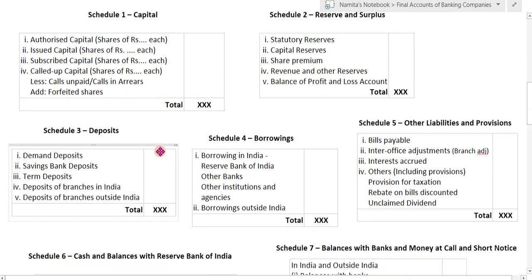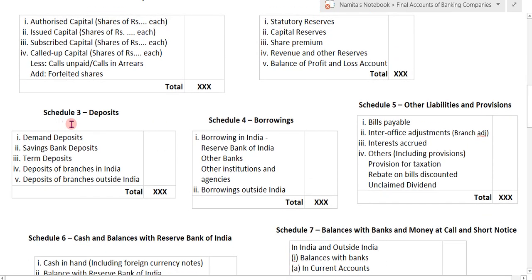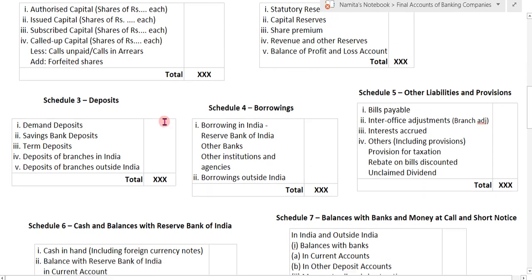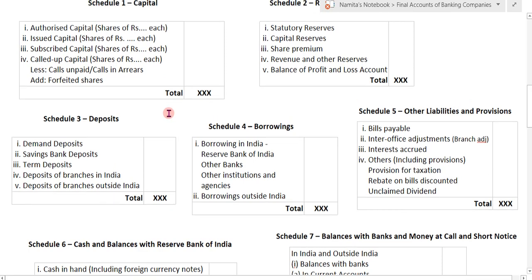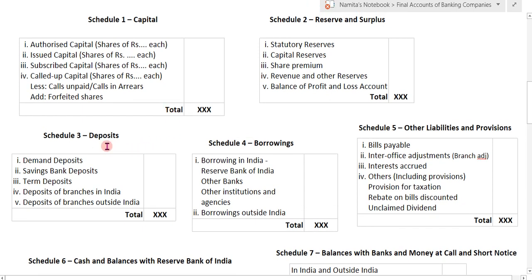After reserves and surplus, next schedule is schedule number 3, deposit. Now deposit is a liability for the bank. Why? Because bank accepts the deposit from the public or from the customers, and it is to be paid again to the customer. That's why it is a liability for the bank.